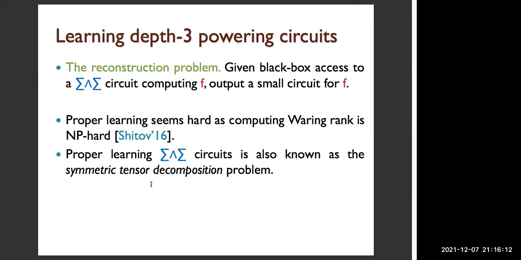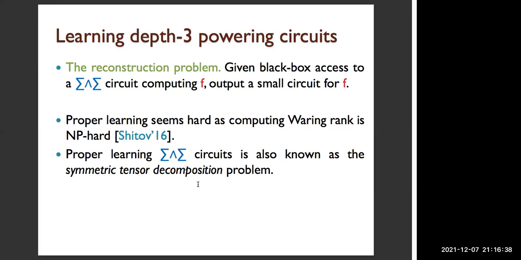It's NP-hard. In the machine learning literature, people basically look at doing this symmetric tensor rank decomposition in the average case, or in a non-degenerate case, which I'm going to come to in the next part on Friday. But the point is, it seems like proper learning of even depth-3 powering circuits is hard.